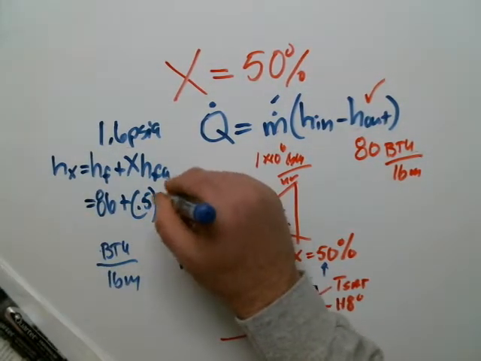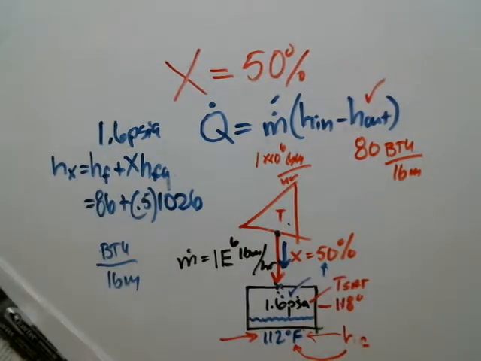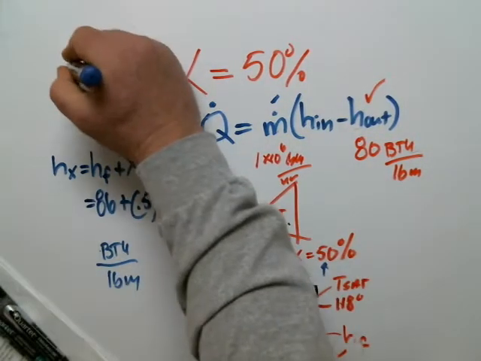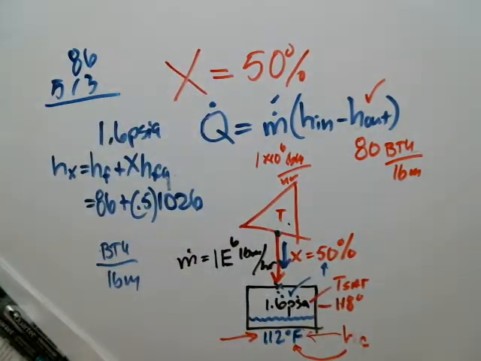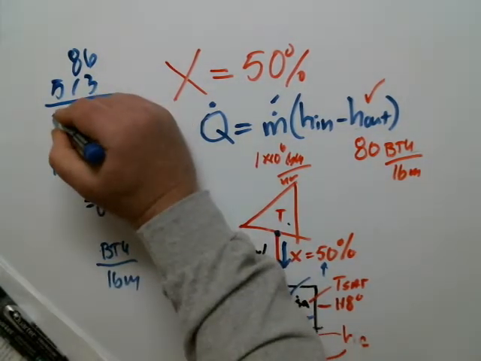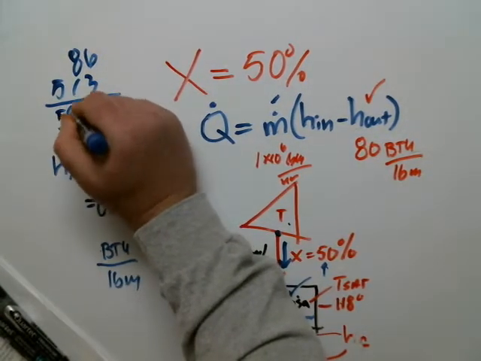I'm just going to crunch the numbers now in my calculator. So 50% of 1,026 is 513, and 513 plus 86 is 599 BTUs per pound mass.